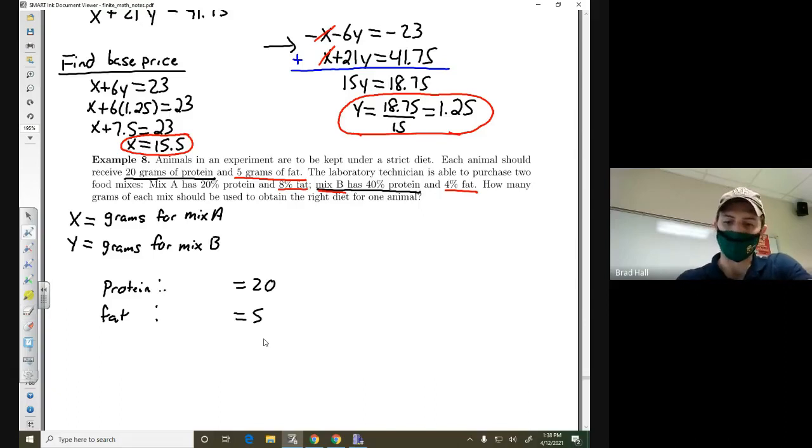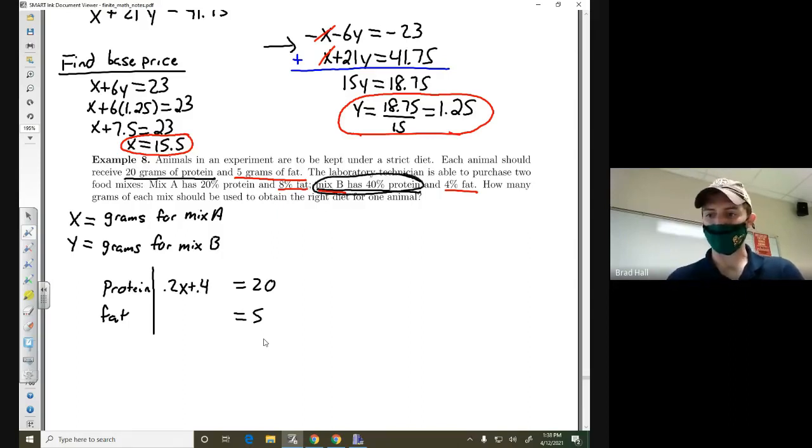So 20% is 0.2x. And so it goes on to say mix B has 40% protein. We're trying to keep all the protein values together. So plus 0.4, because there's 40% protein for mix B. So I'll write out 0.4y. And that's for the protein.